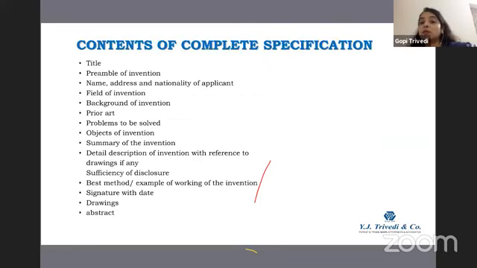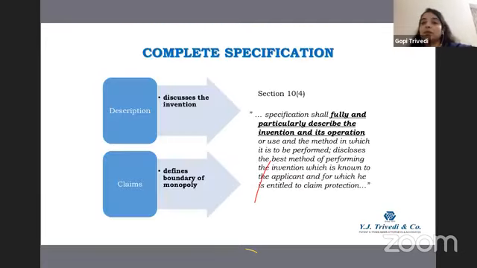So to be precise, the contents of the complete specification are something like this. The list is what you can see on the screen. Section 10 says the complete specification must discuss the invention with the help of description, and it must define the boundary of the monopoly or legal rights with the help of claims.